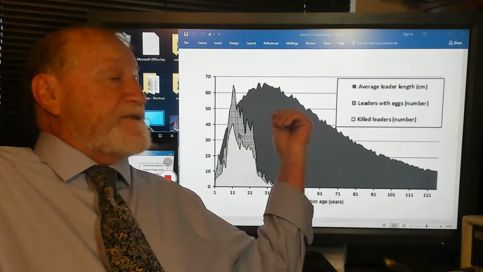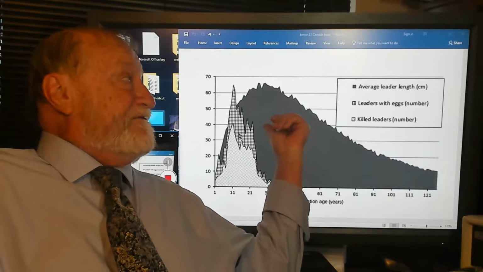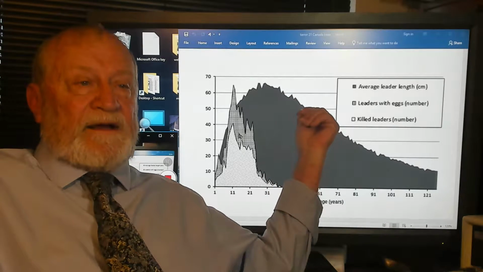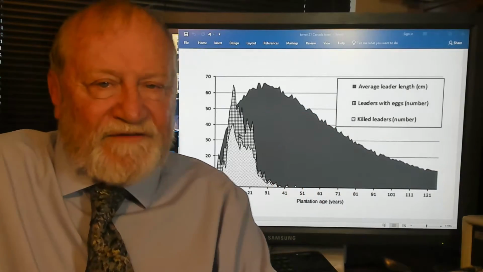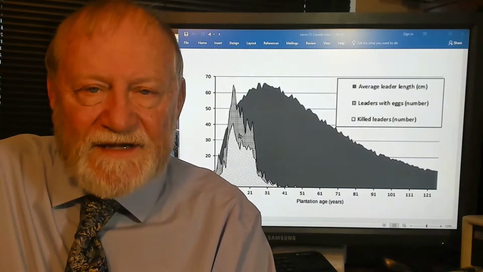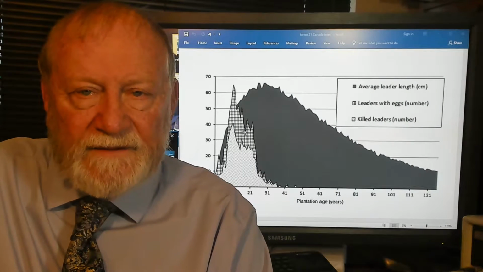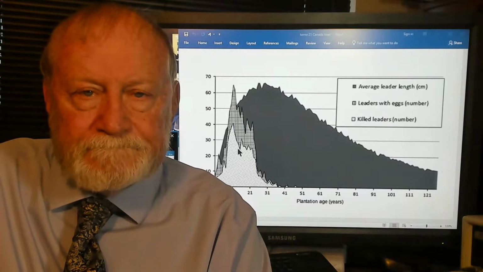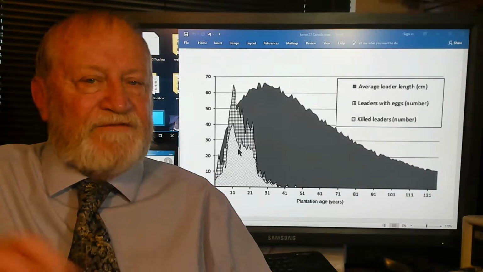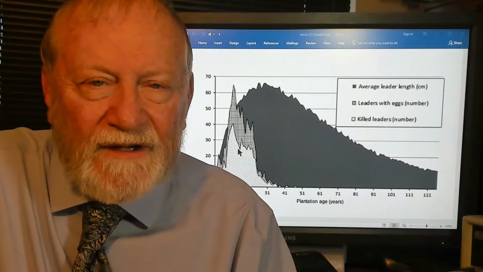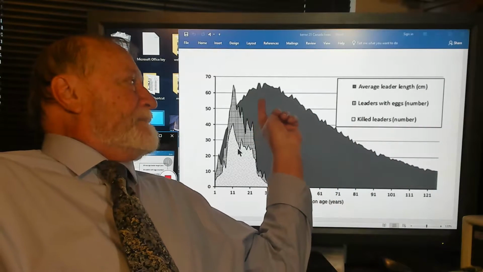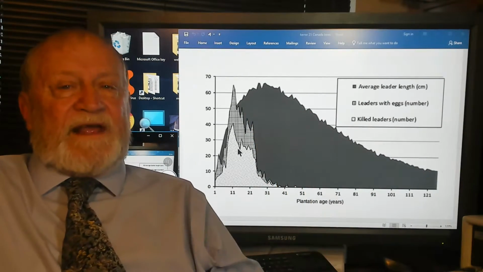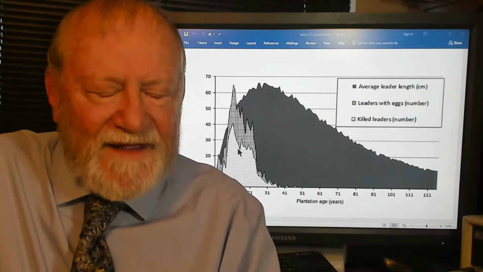One of these lines is the number of infested leaders, and the other line is the number of dead leaders killed by insects. As you see, during the first period of time, they go up together, plausibly, and they point this out.